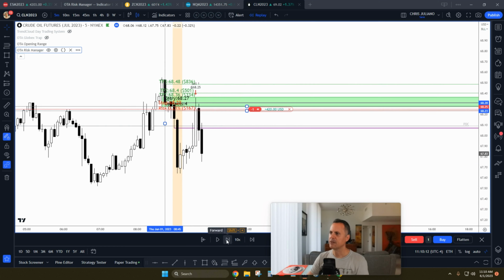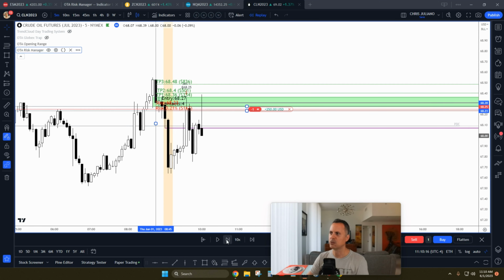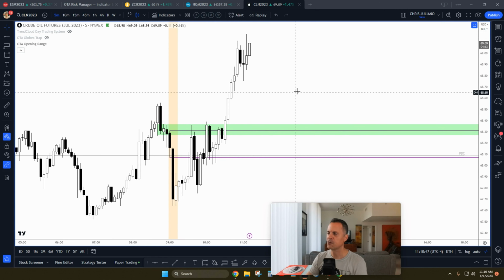And what happens? Hits the 3 to 1 and starts coming back. Boom, and then it would have taken you out right there. That would be your procedure for your risk management.